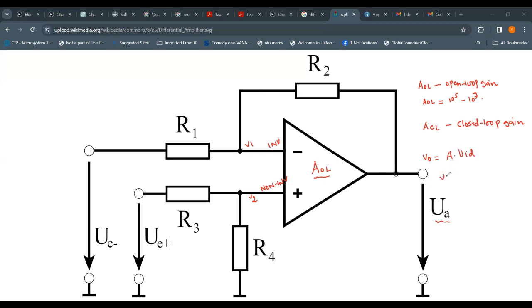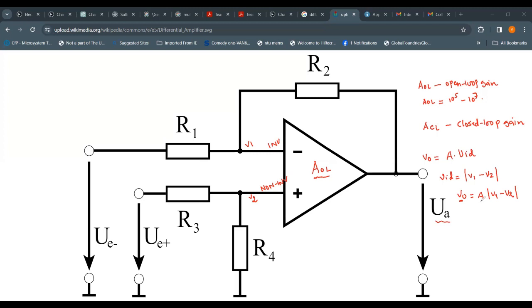And VID is the difference between the two inputs. You take a mod of it, that's an absolute sign, because the difference can be positive or negative. So the difference between the two inputs is multiplied by the gain to give you the desired output.